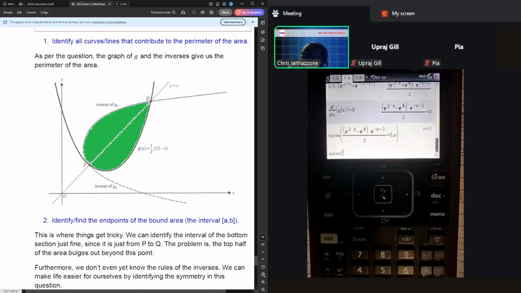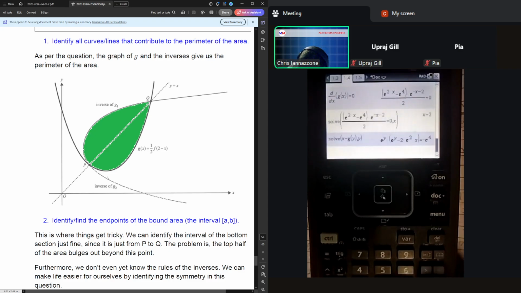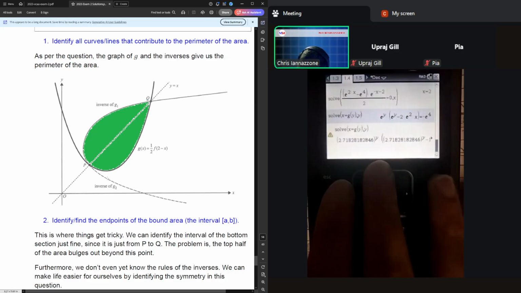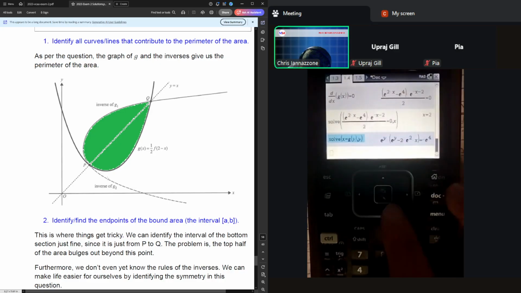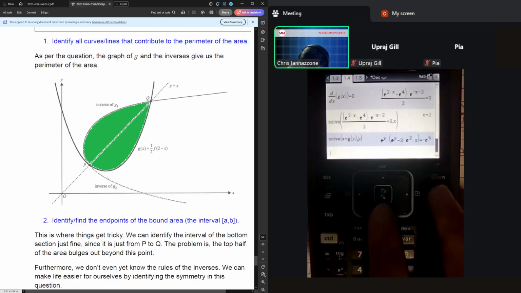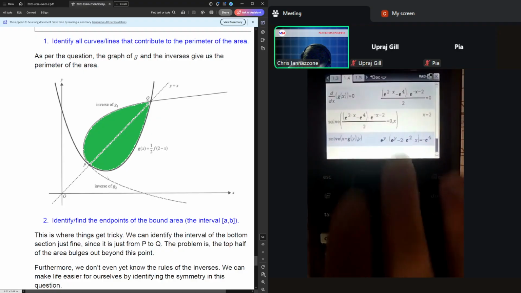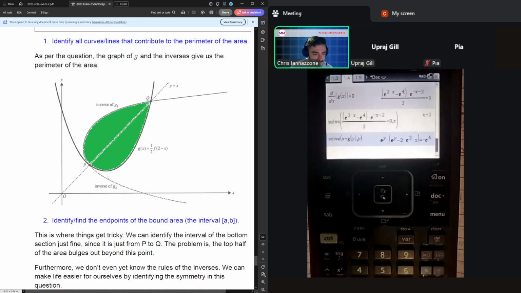So you'd do something like x is equal to g of y, and then solve for y. Pretty sure it's going to give me nothing. Yeah, it's probably technically correct what they got written there, but of course the y is not on its own.